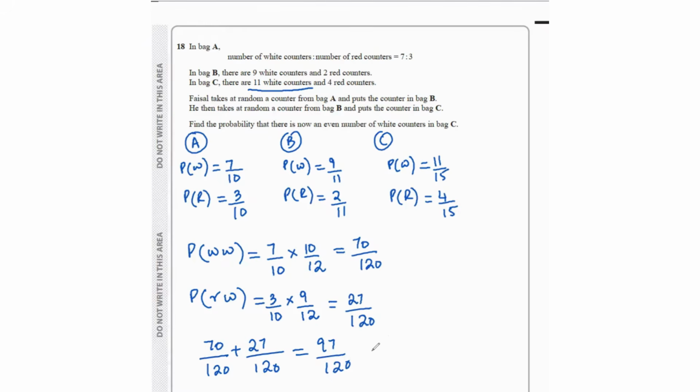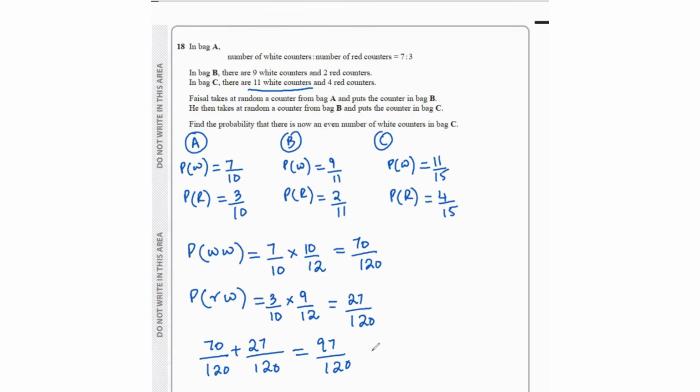So once again, you find the probabilities of red and white counters for each of the bags. The first case that we're proposing is that we take a white counter from bag A, put it into bag B, then we take a white counter from bag B and put it into bag C. This way there are 12 white counters in bag C, so that's an even number. When you take a white counter from bag A, that's 7 out of 10.